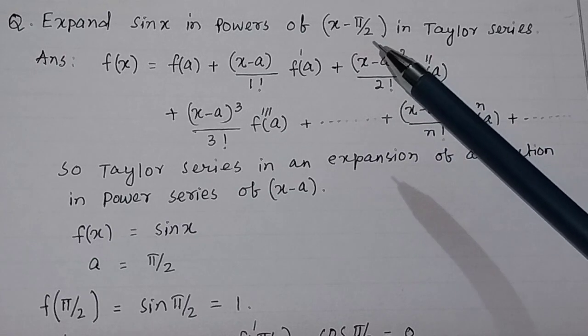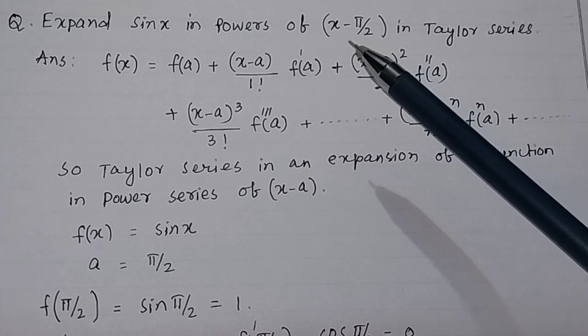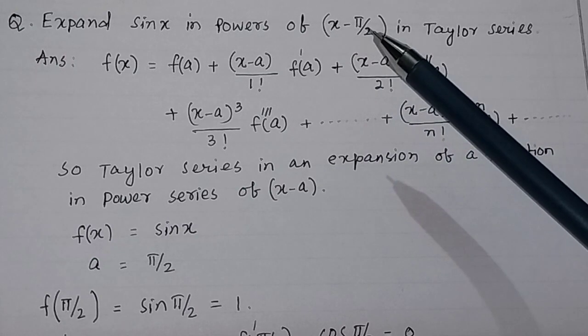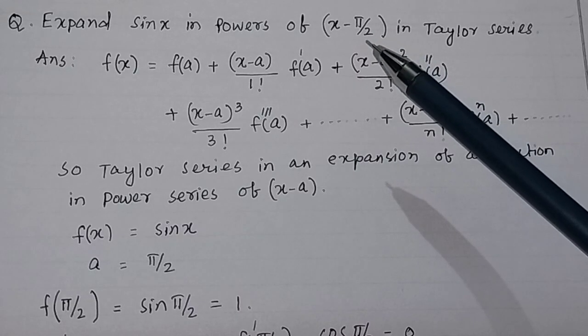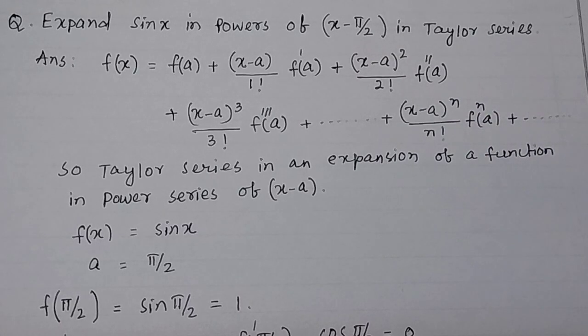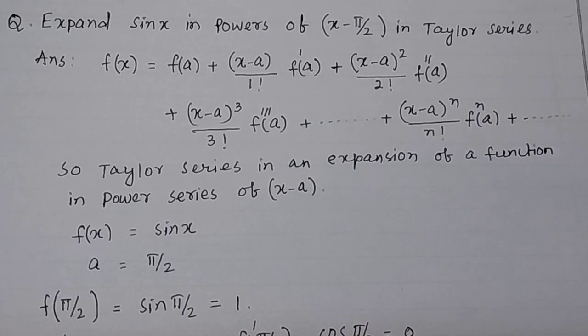And here we have to find out the powers of x minus pi by 2. That means we have to find out the value of the sine function at x equal to pi by 2.